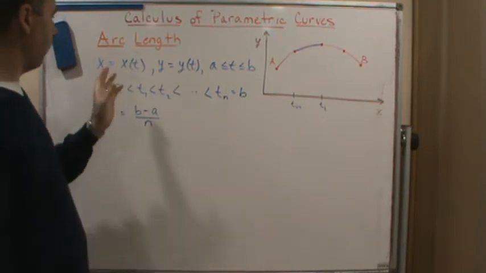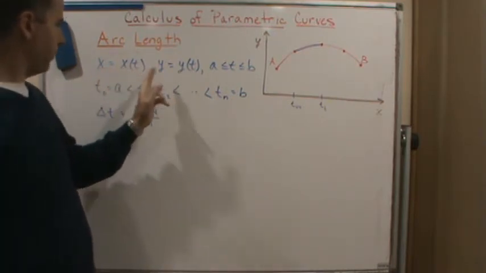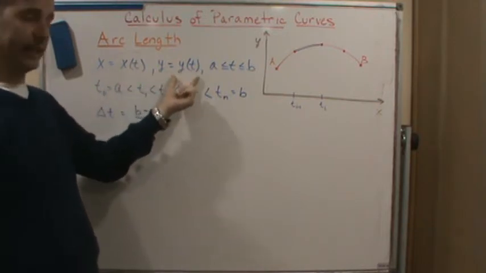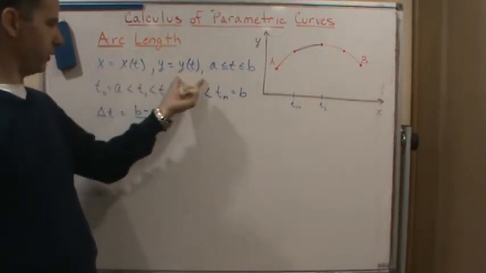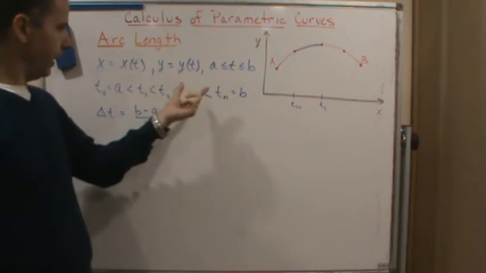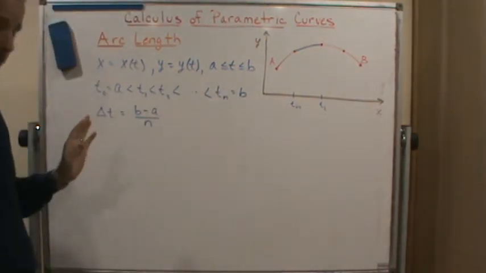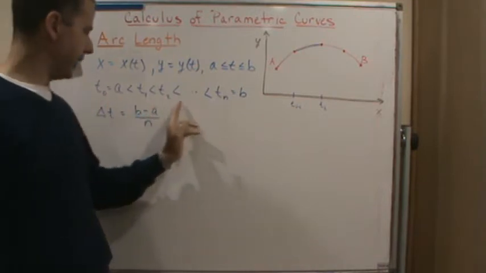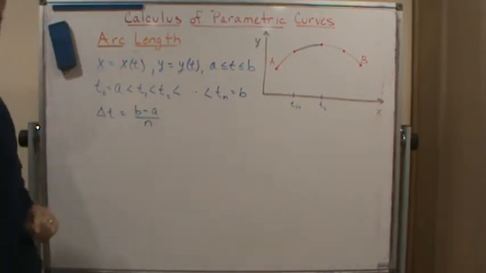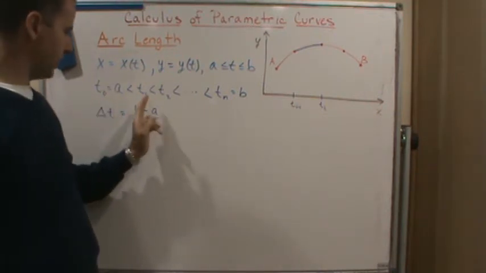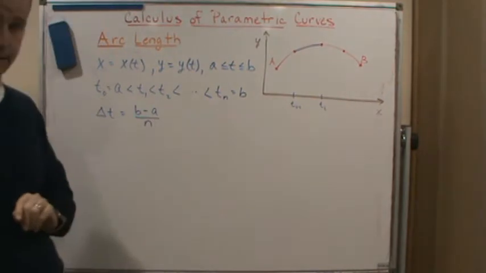So again, we're taking our x and y coordinates. Those are functions of t, so they're parametric equations, and we're taking t over the interval from a to b. And just like before with area, we're subdividing the interval into regular subintervals with endpoints at t0, t1, all the way to t sub n.